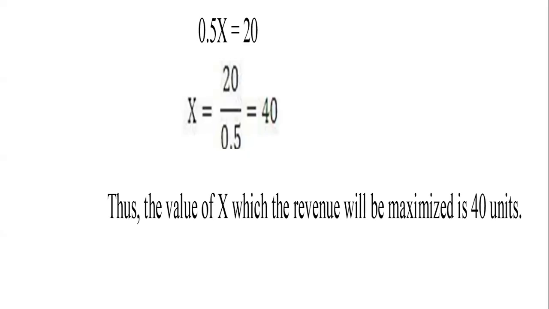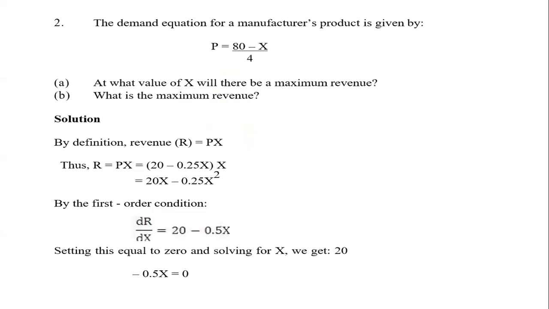Okay. So the B part, where they say we should find the maximum revenue. By the second order condition, write d raised to the power 2, the way we wrote this one, write the same thing.